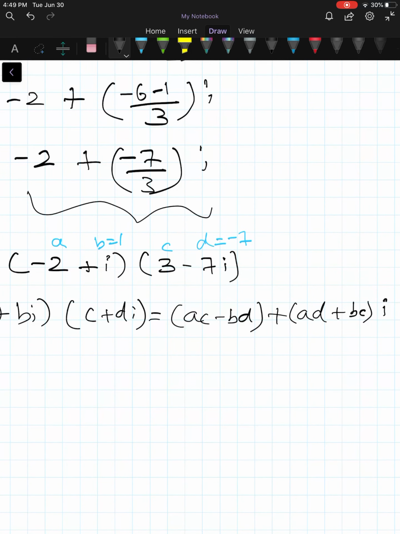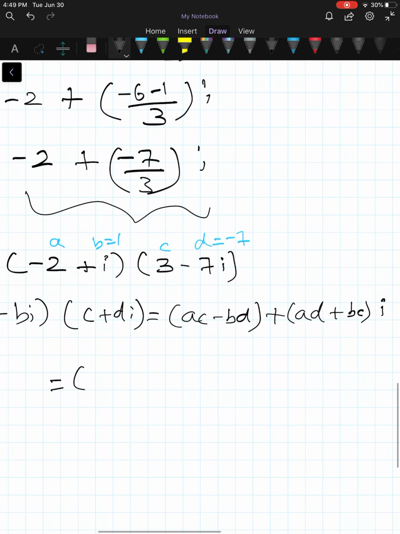So now applying the formula, I get the product equal to ac, that is negative 2 times c, which is 3, minus bd, that is 1 times d, which is negative 7.